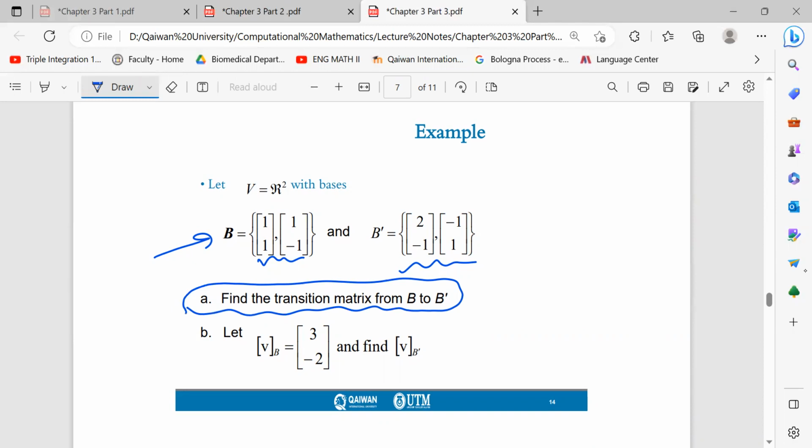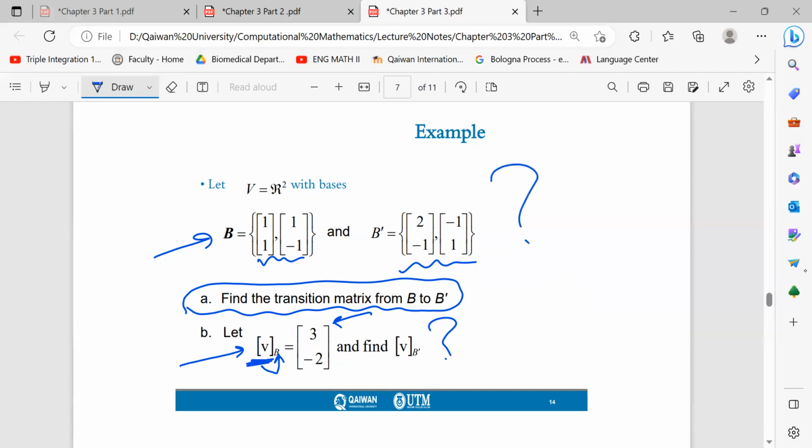And also, it says let the coordinates of V relative to B be this. We are given the coordinates of V relative to B. It says find the coordinates of V relative to B dash.